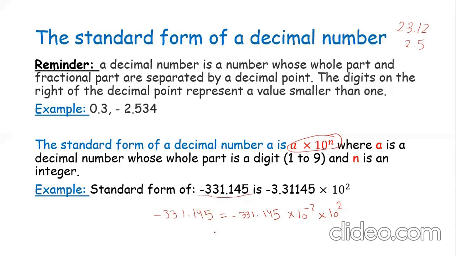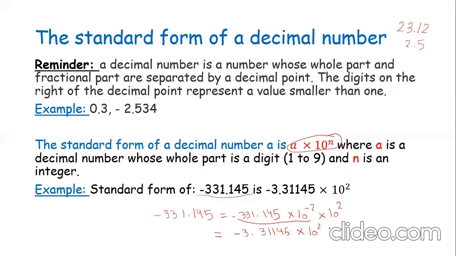In this case, we move the decimal point twice, so we get minus 3.31145 multiplied by 10 to the power of 2.